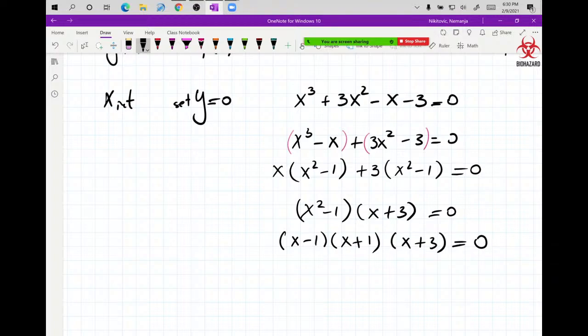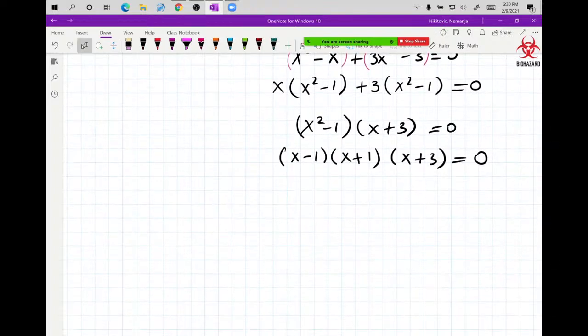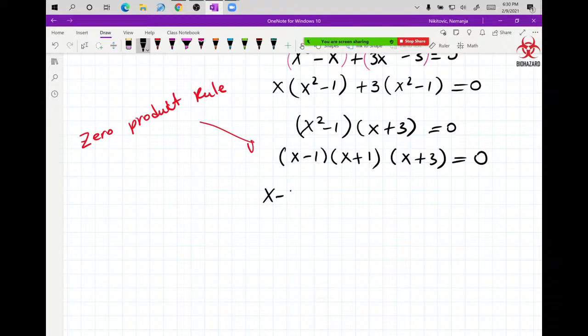And then use the zero product rule. Hopefully you remember that one. Zero product rule, which would give you each one of these set to 0. Maybe I should write that product rule just in case.